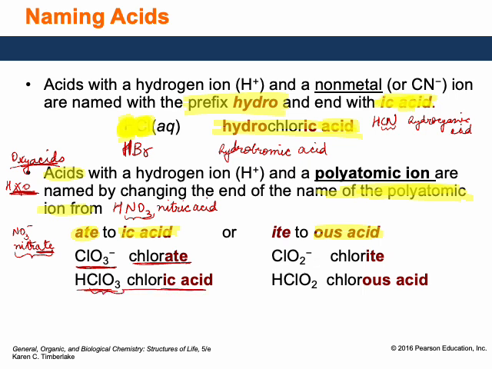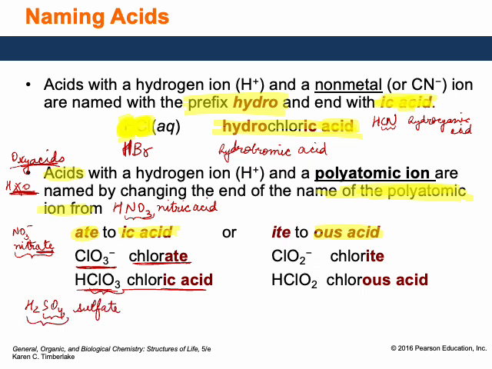Okay. Some other examples could be, let's say if you look at H2SO4. In this case, what do we know? We know this is an acid because the formula starts with hydrogen, and we know this is an oxyacid because it has oxygen and some other non-metal in there, right? So what is the name of this ion? This is sulfate, which means what is the name of the acid?